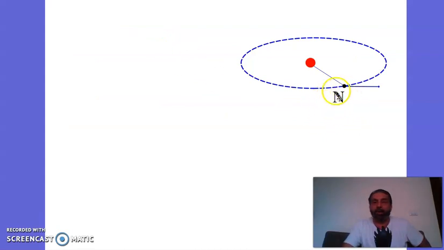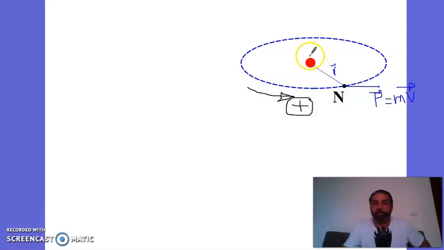Here is our Neptune. This is its linear momentum, P equals mv, which is also always tangent to that trajectory. Here's a circle, and this is a position vector r. Let me choose the positive sense like this, in the same motion as Neptune.